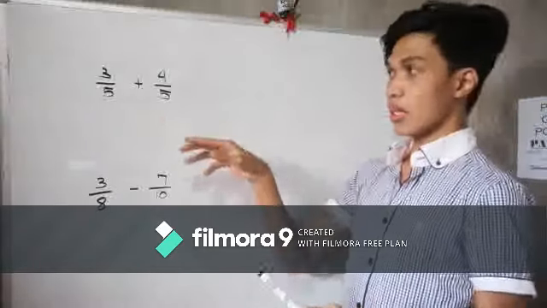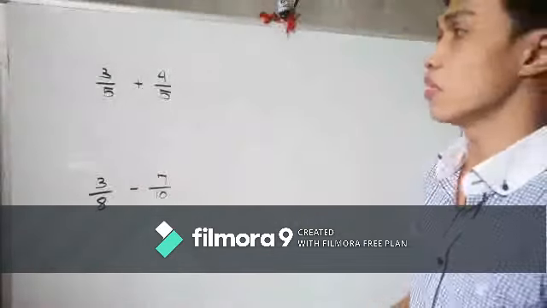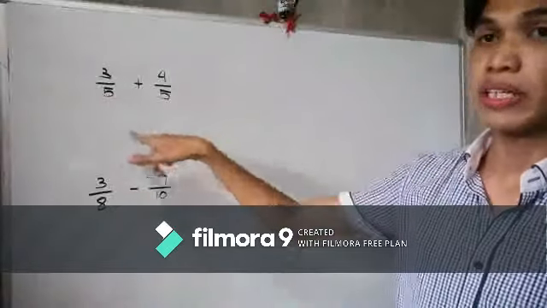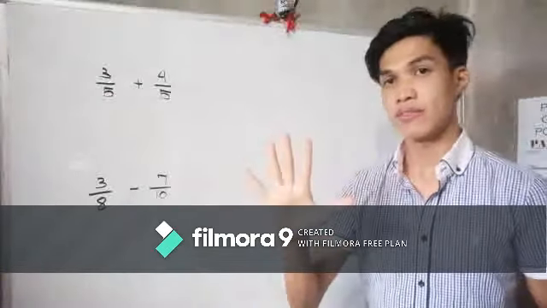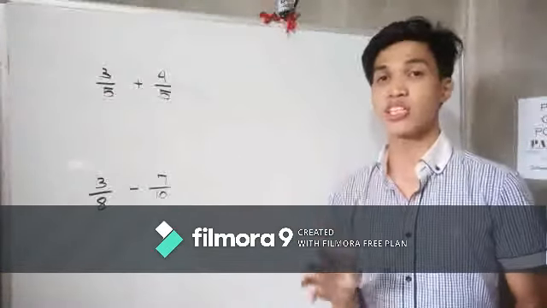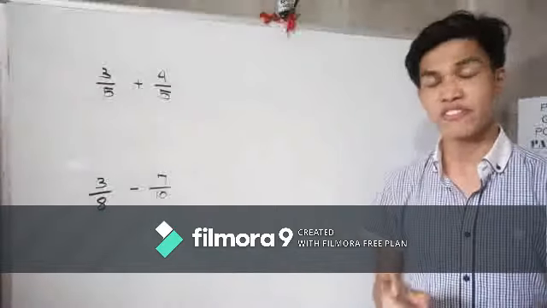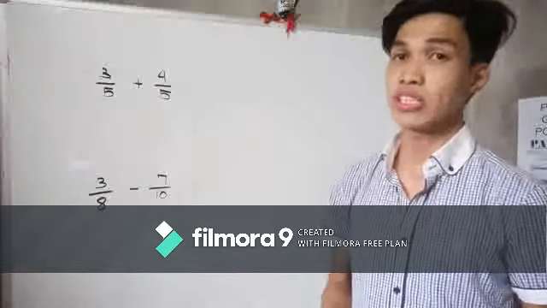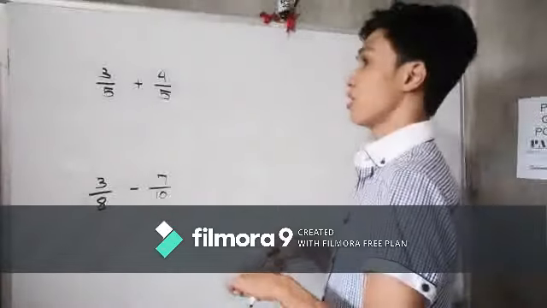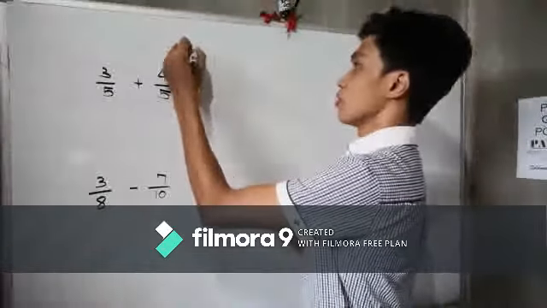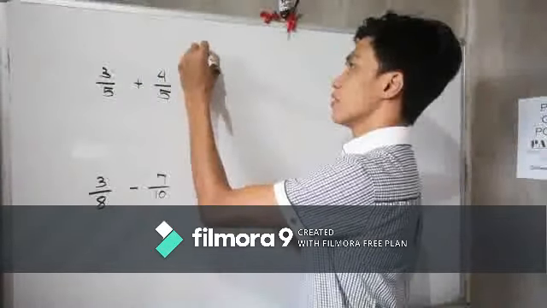As you can see, on our first given we have the same denominator, which is 5. If two or more fractions have the same denominator, we call these similar fractions, or SF.